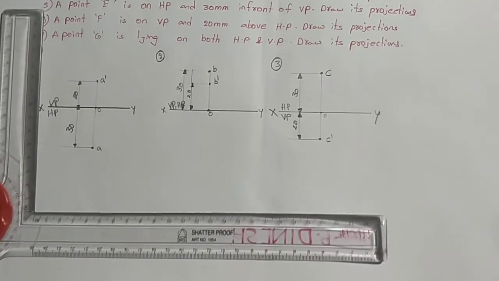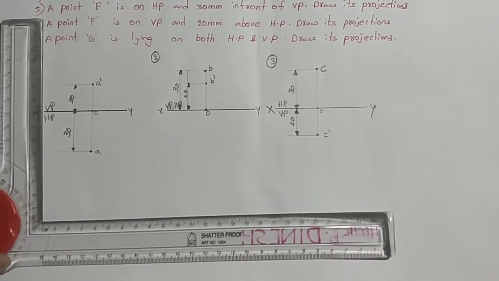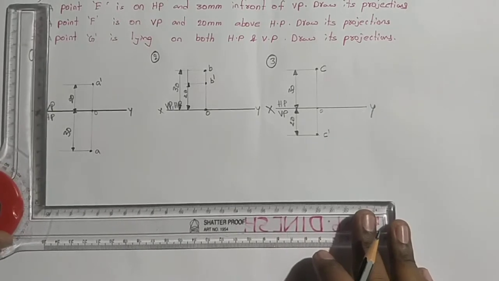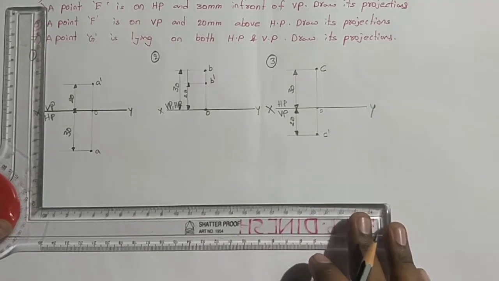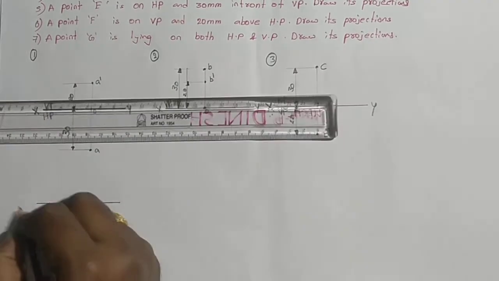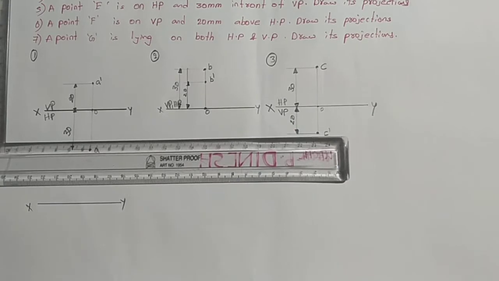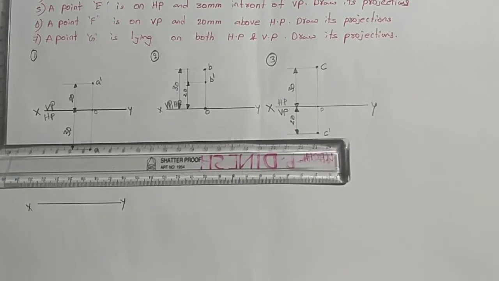First we need to draw the reference line. Next, the point D is 20 mm below HP. First we need to locate the 20 mm below HP.